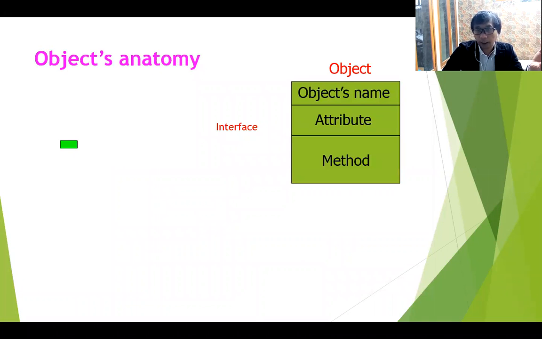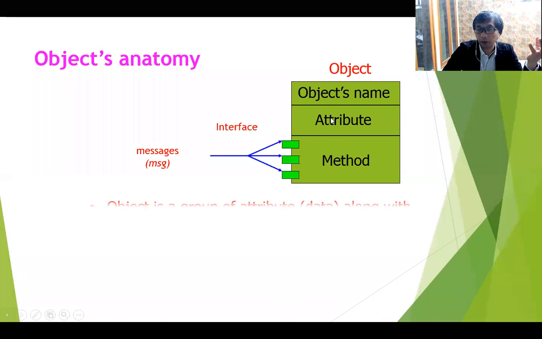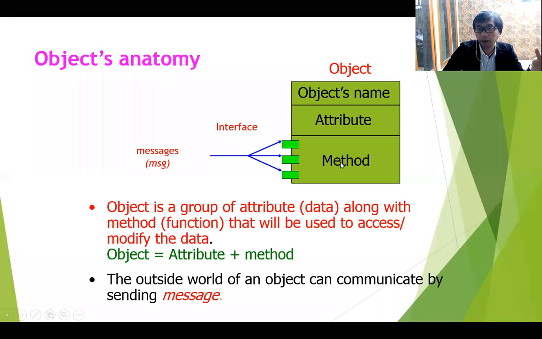so the object's anatomy would be the object's name, the attributes of the object, and also the methods of the object. So you can say that an object consists of attributes and methods. If it only consists of attributes, or only consists of methods, then we cannot call it an object.